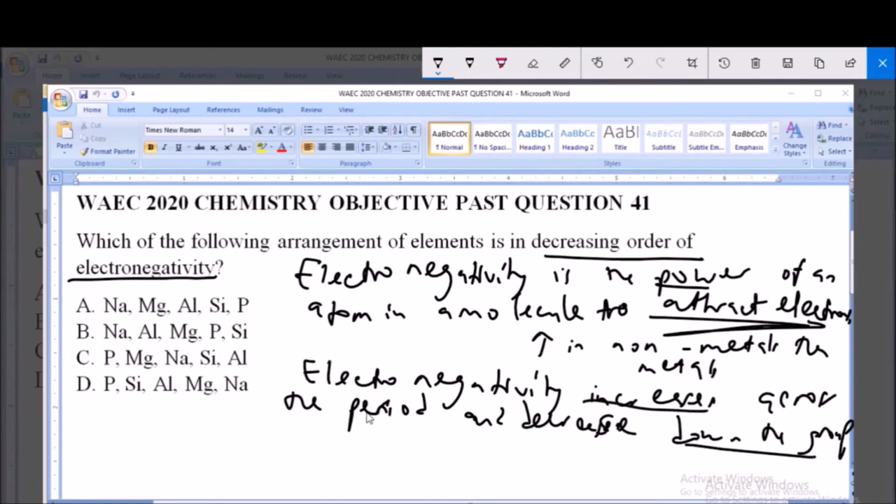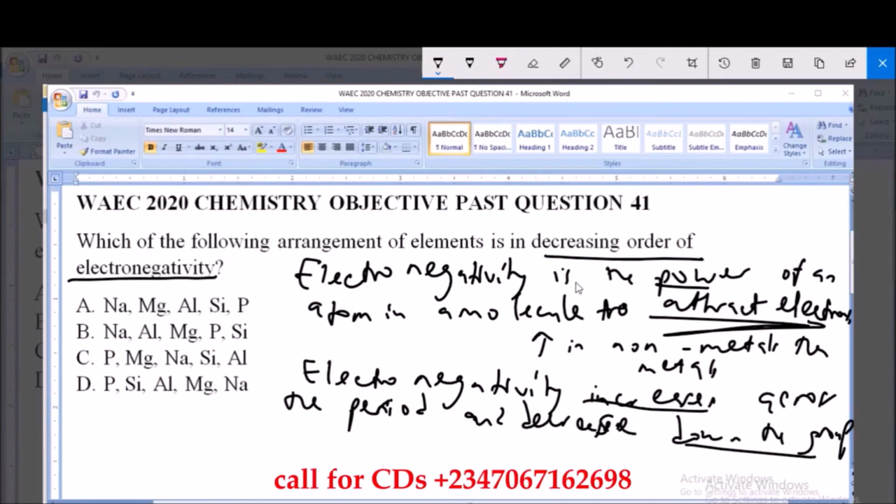This trend also arises from the fact that as you progress from one element to another across the period, you move from the metals to the side of the non-metals.